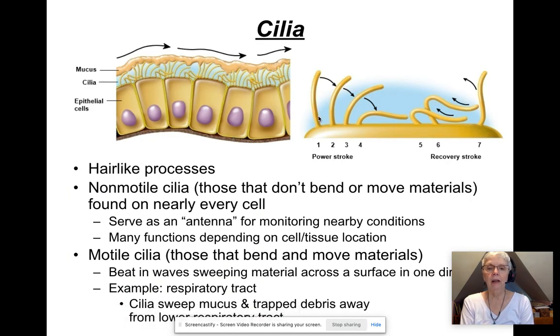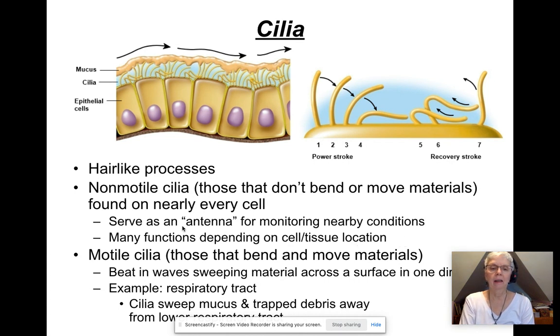So cilia are hair-like projections that are outside. Again, we're still on the outside or external portion of the cell membrane. You have some non-motile cilia. That means they don't bend, they don't move materials, but they serve as antenna. They can sense when something is going on around the cell.